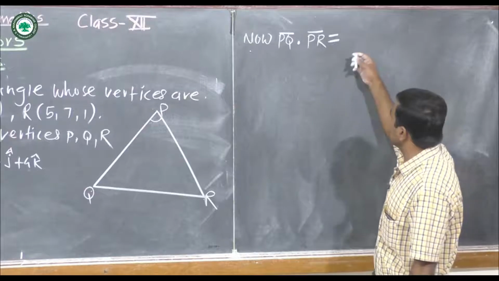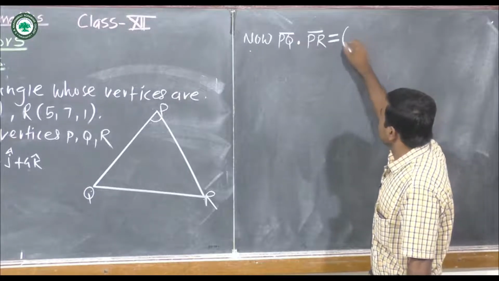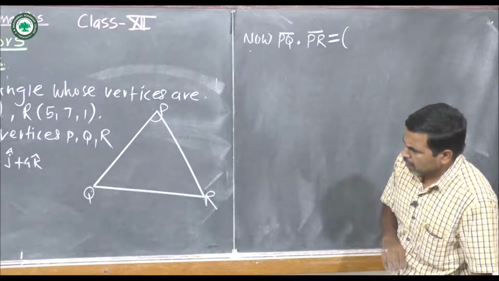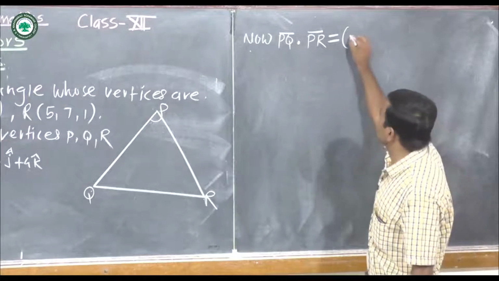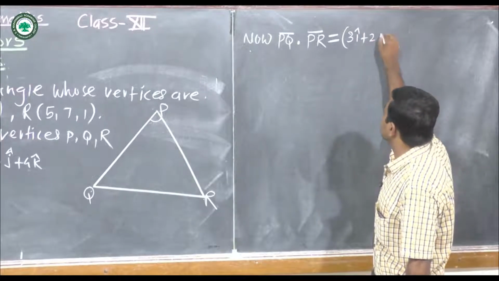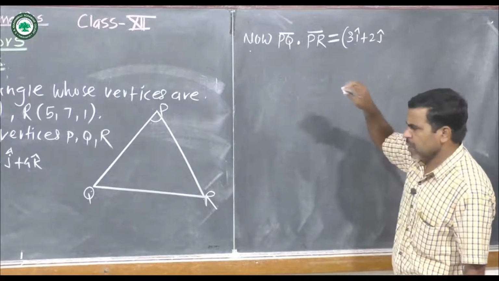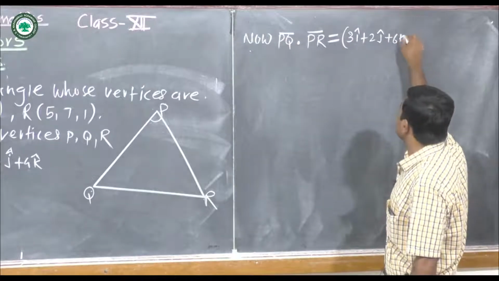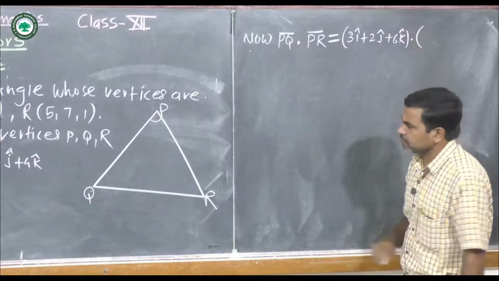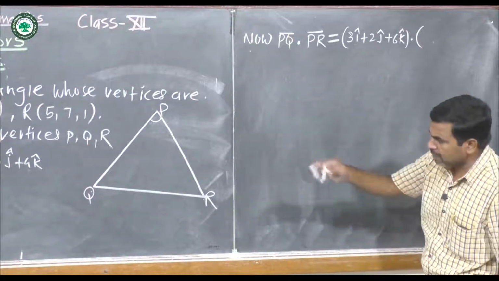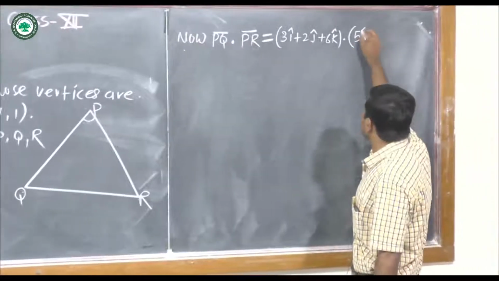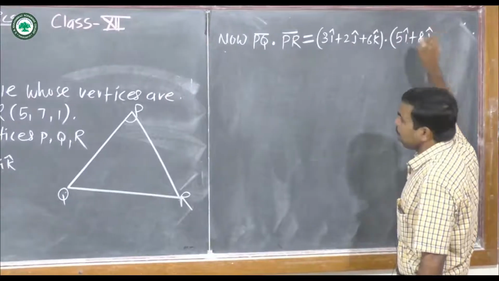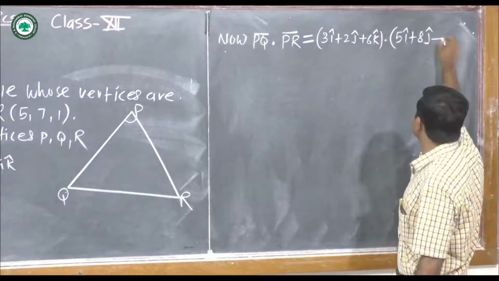It is equal to 3I cap plus 2J cap plus 6K cap, its dot with PR bar. What is PR bar? 5I cap plus 8J cap plus 3K cap.